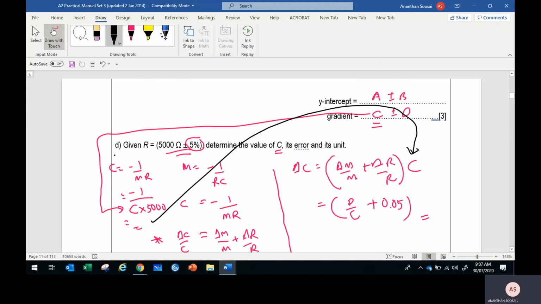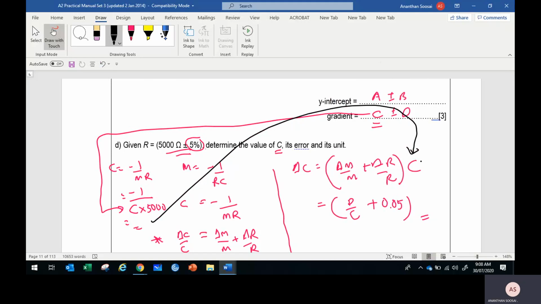So find your C first with the actual values of M and R. Then write the uncertainty formula for C. Find the uncertainty for the C. Changes of M over M, like here I put gradient C plus minus D, so this is D over C. The changes of R over R is 5%, and to change to fractional you divide by 100, so 0.05. What's the answer?